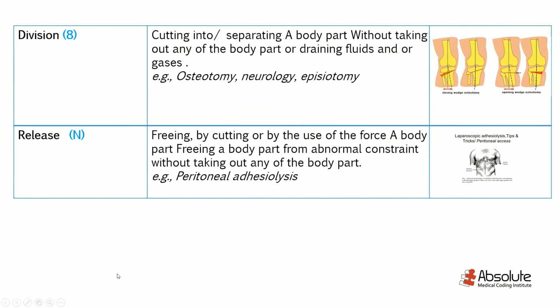Division, that character will be 8, and this is cutting into, separating a body part without taking out any of the body part or draining fluids and or gases. So they're just pretty much cutting into.